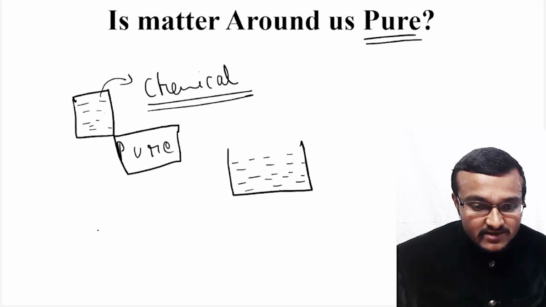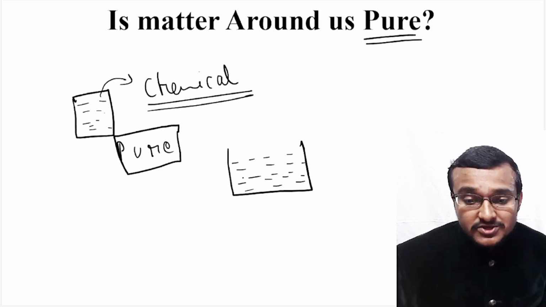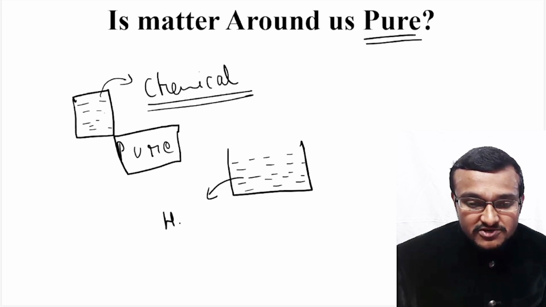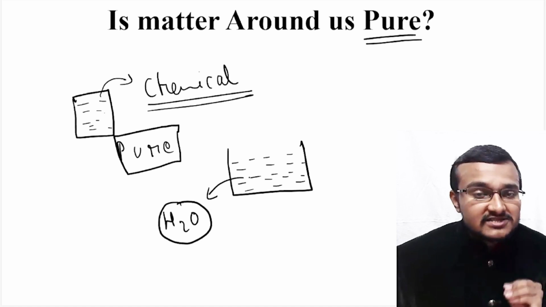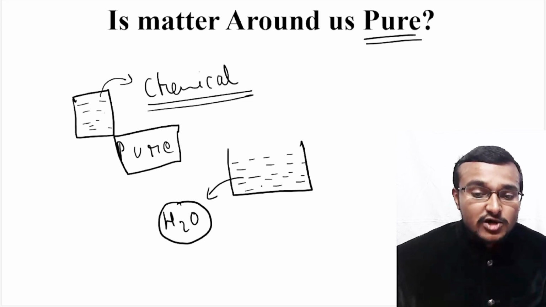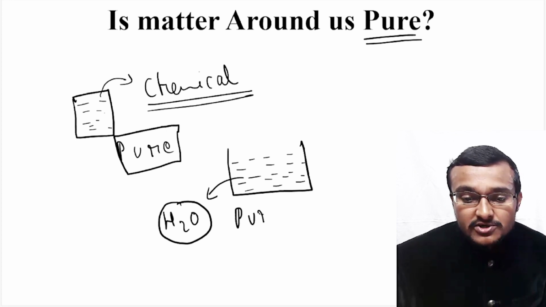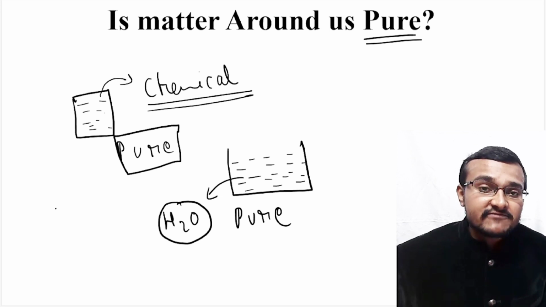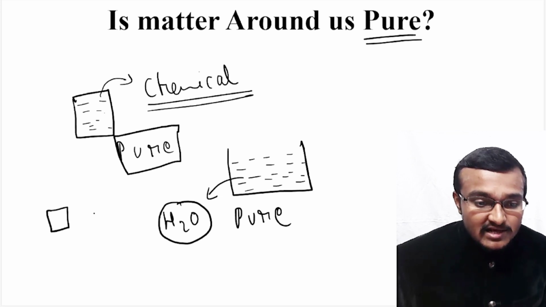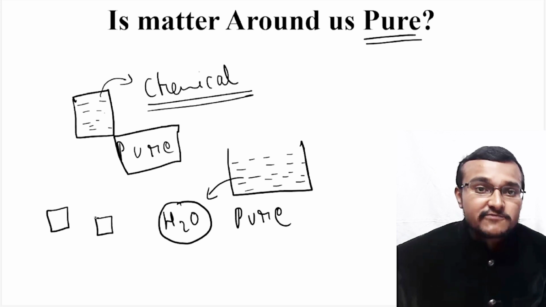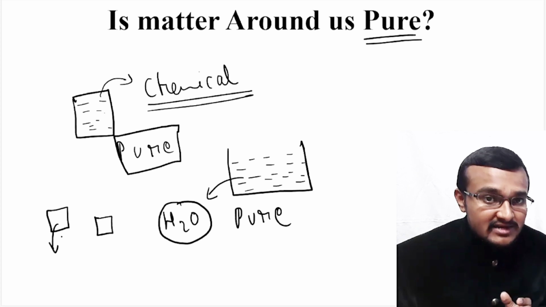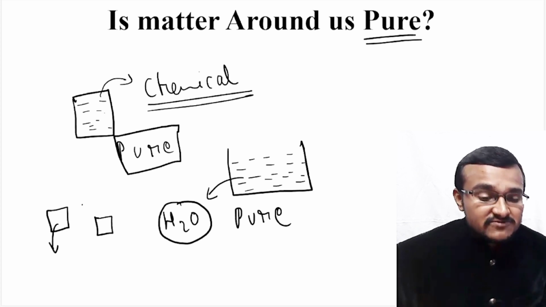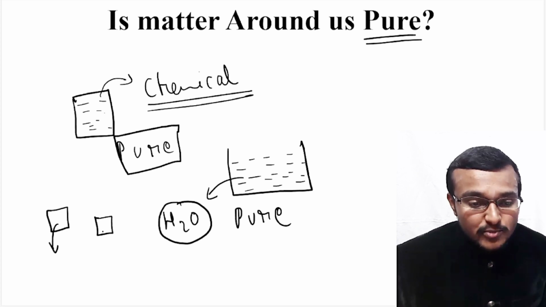For example, if we take pure water, the composition of water is H2O, and this H2O combination will be there throughout the water without any other chemicals present. So this water can be known as pure according to science. Even if you take another example, like a sugar crystal or a salt or any kind of substance, that substance will not contain any other chemical other than the required chemical elements which are necessary for that compound to be formed.